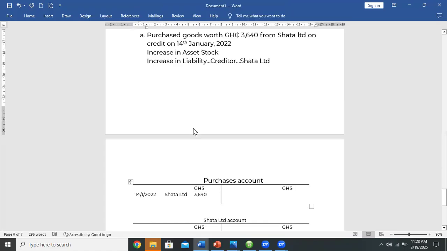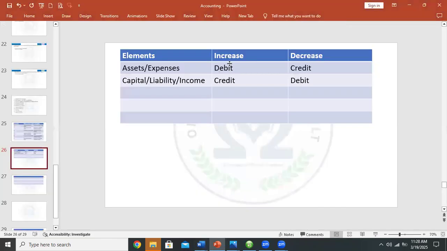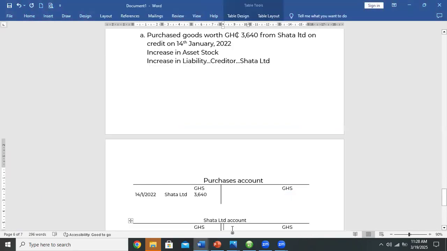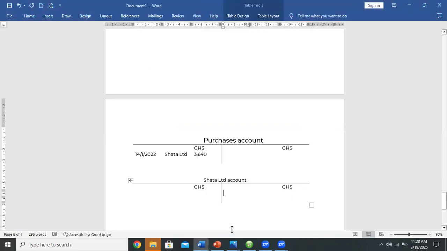And per the principle, when liability increases, we credit. So we credit the Shatter creditor or liability account. 14 January 2022. The narration will be purchases. Then you put the figure, the 3,640. As simple as that.